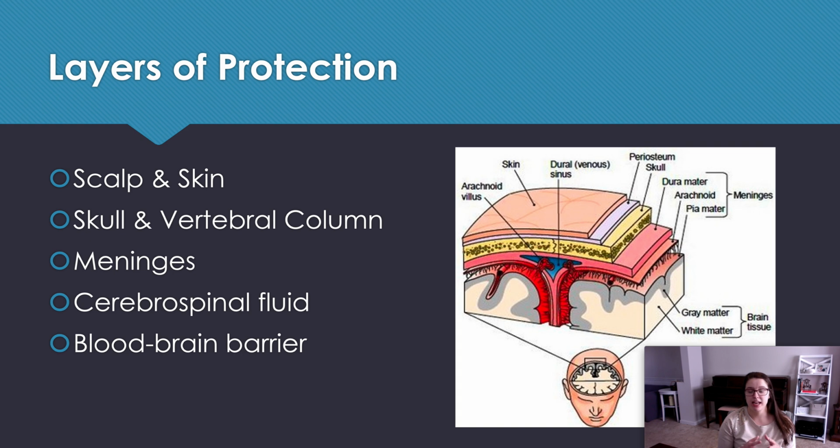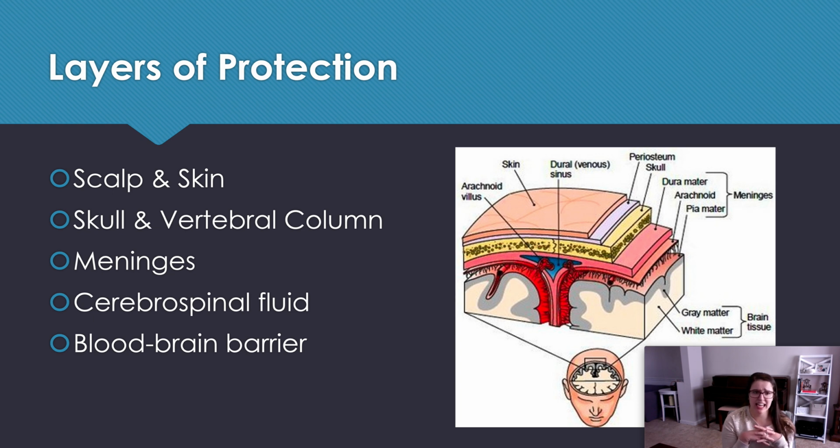And if you look at this diagram here, we talked briefly in the skeletal unit about periosteum, the layer surrounding the bone. So of course your skull and your vertebral column have periosteum surrounding the bone layer, the osteum.